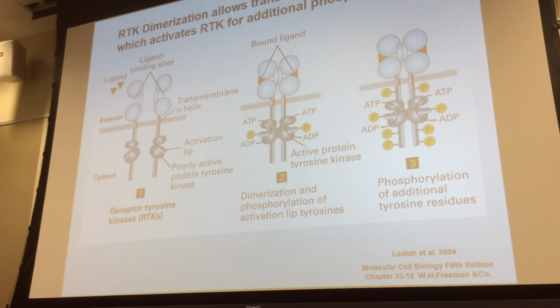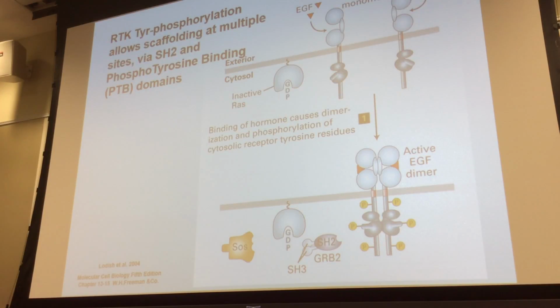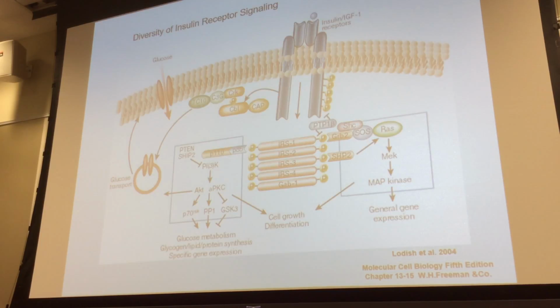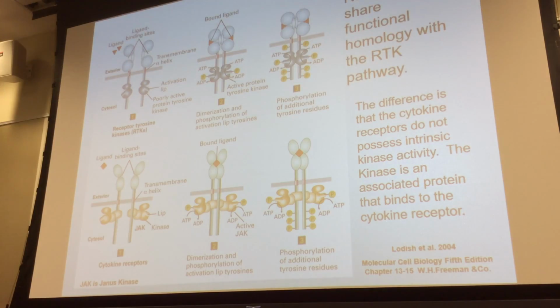So what we're seeing is a dimerization that can then allow the two intracellular domains to interact with each other in the tyrosine kinases. Now, keeping that in mind, what we have for our cytokine receptors is very similar.